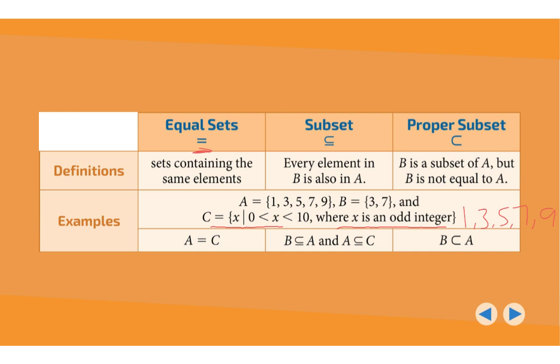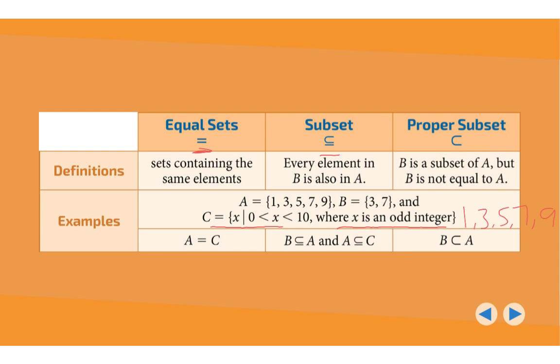Subset. Here is the symbol for subset. The definition for subset says every element in B is also in A. So it's pretty much saying that you take a look at all your sets and see if any of one set is in a different set. They don't equal, but it includes it.